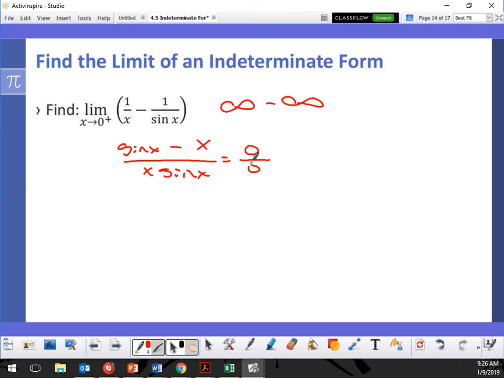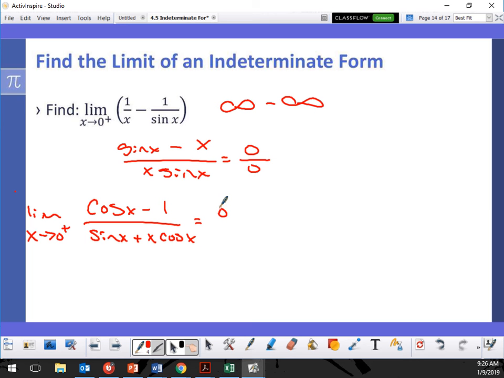Okay, derivative of sine: cosine. Cosine x minus 1 over, product rule, sine x plus x cosine x. Yep, so we're taking the limit as x goes to 0 from the right-hand side. It's still going to be 0 over 0. So we can get 0 here, right? 1 minus 1, so that's 0, yes, and then the bottom is 0 plus 0.